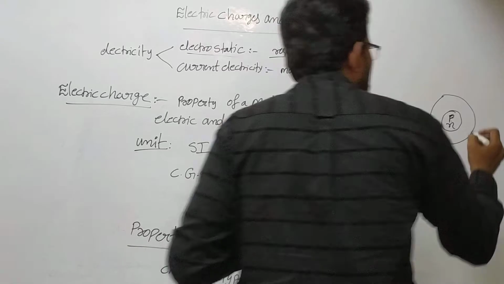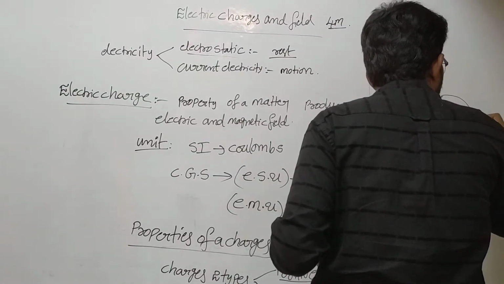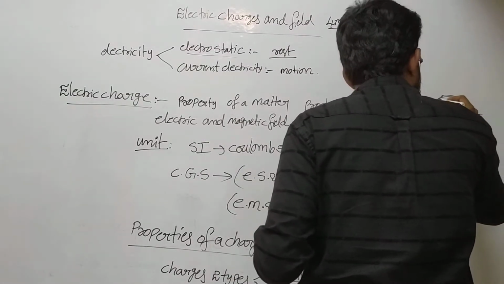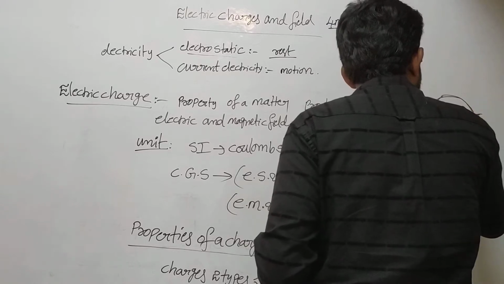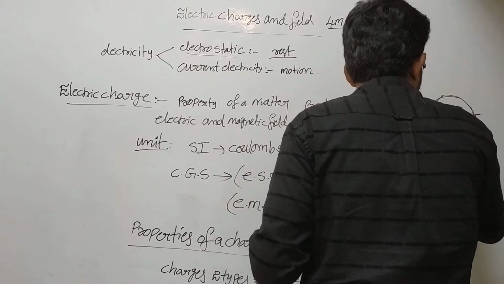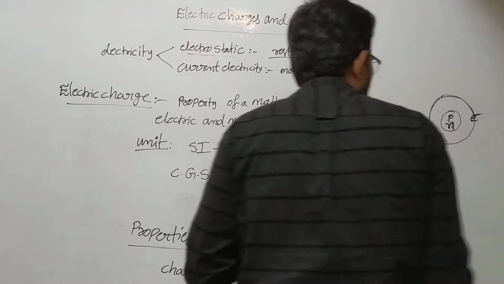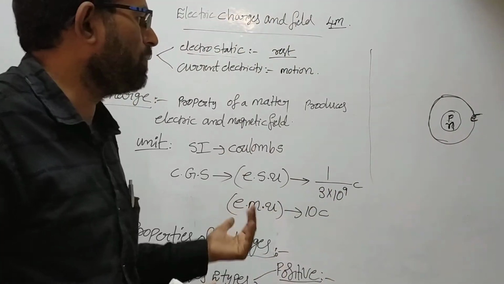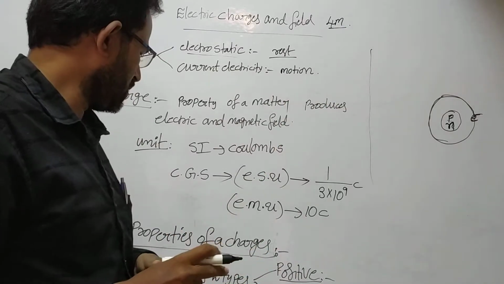But electrons are outside the nucleus. So charges are of two types, positive and negative. Neutral means positive and negative charges are present in equal amounts.